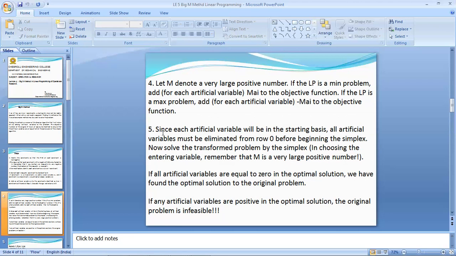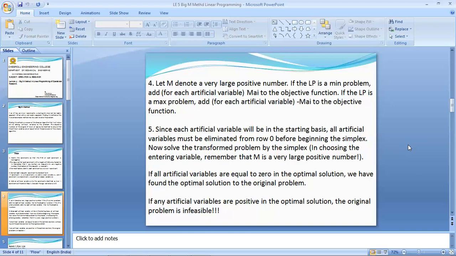If any artificial variable is positive in the optimal solution, then the original problem is infeasible, because the non-negativity will not be accepted. Next, the problem is solved with the multiplication of a large positive number denoted by M.